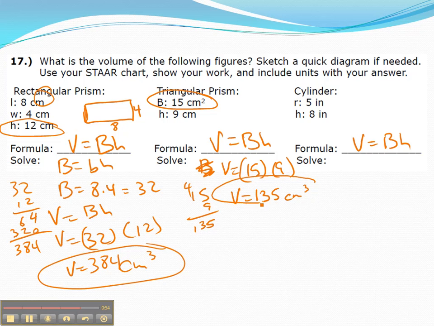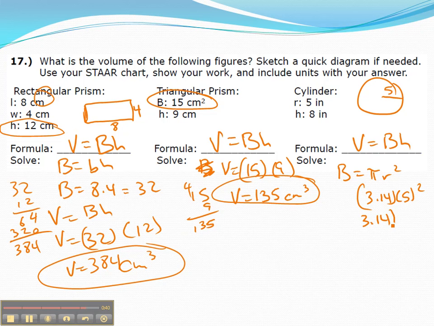For this circle, the radius is 5. Area of the base, pi r squared. 3.14 times 5 squared. 3.14 times 25.